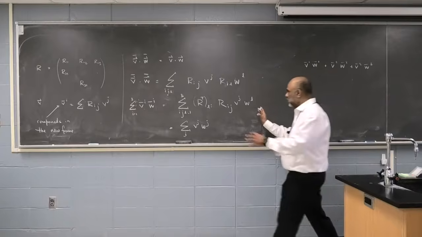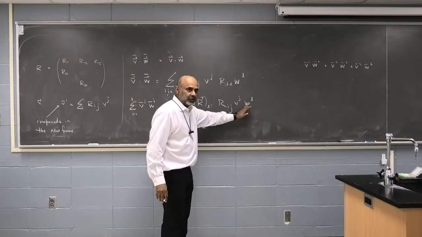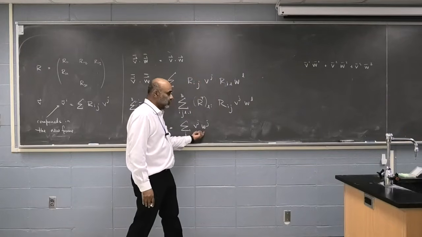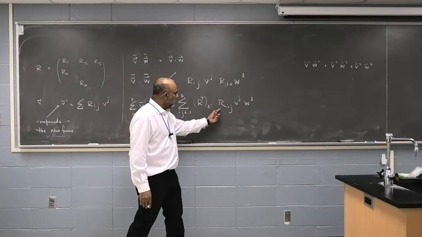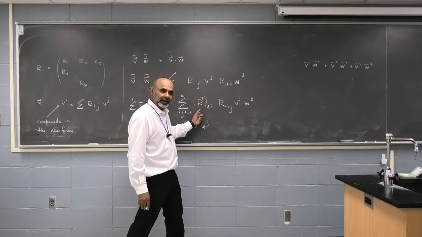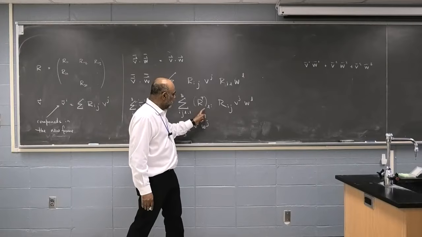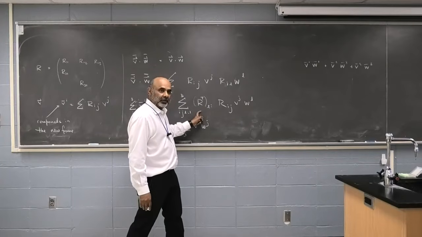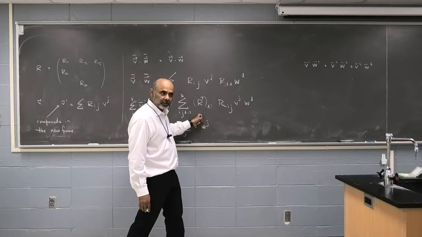How can this combination for any choice of V and W become this? What happens if I multiply these two and I get the identity element? First of all, do you recognize this as matrix multiplication?